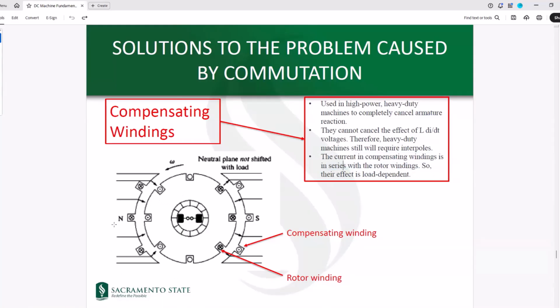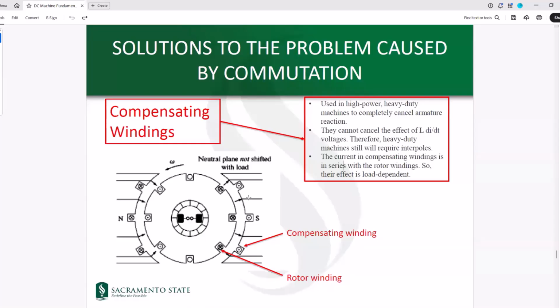So if you look at this, basically rotor, these are the conductors associated with the windings of the rotor. These outer windings are associated with the compensating windings. So their effect is reversed. The current that is flowing in these compensating windings is reversed compared to the current that is existing in the armature windings, as you can see.